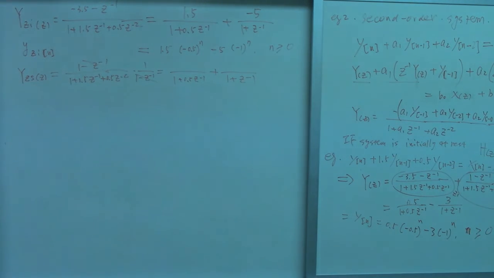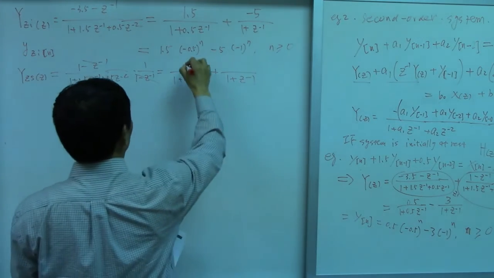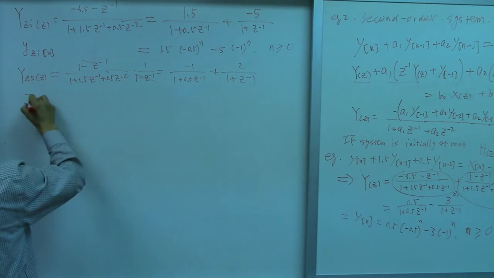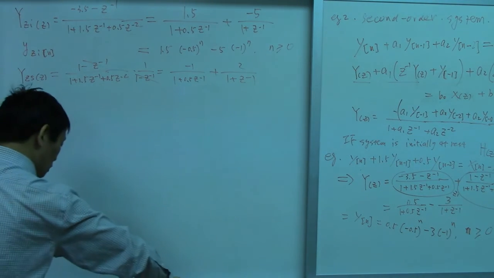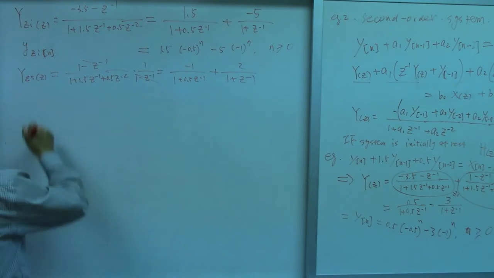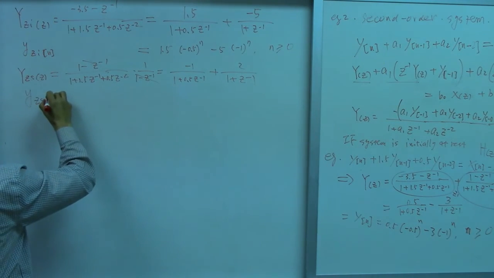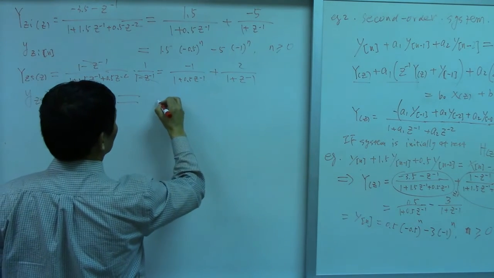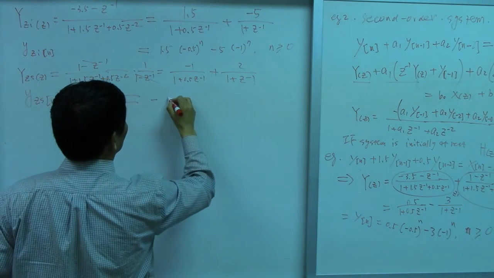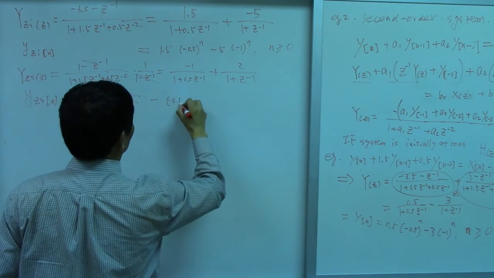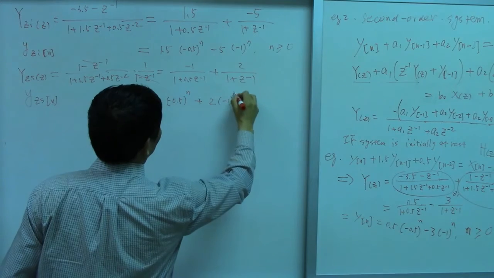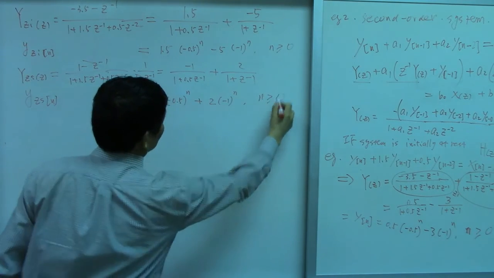And the coefficients, this one is negative 1, this one is positive 2. So the zero state response y zero state [n] equals negative 0.5 to the n plus 2 times negative 1 to the n, for n greater than or equal to 0.